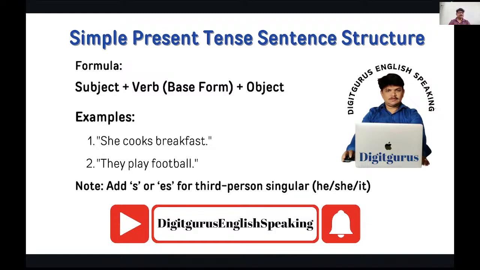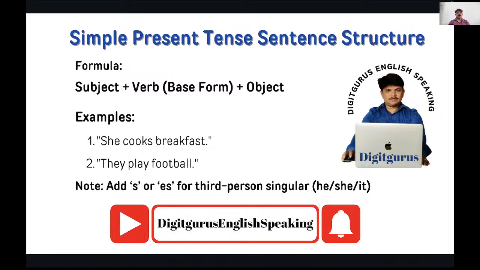Very simple one. For example, she cooks breakfast. They play football. Now you can see that she is the subject, cook is the base form, and breakfast is the object. So according to the formula, the sentence is formed.